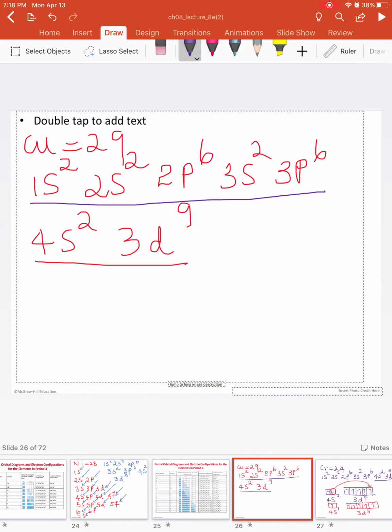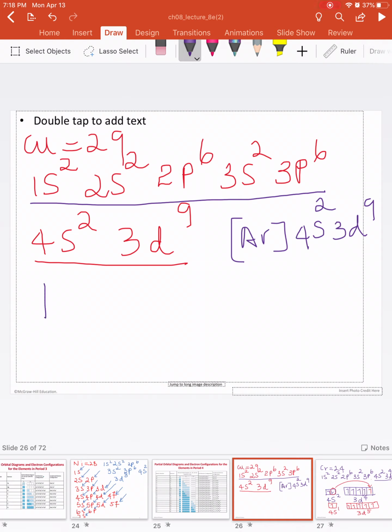So if you write the condensed electron configuration for this one, it would be argon, and then you have 4s2, 3d9. That's the condensed electron configuration. Now again, this is what we have.